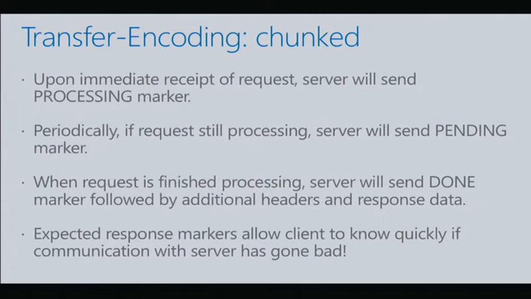So the client needs to be aware that following the done marker are additional headers before the response data, and it needs to treat those headers like it would have if it received them on the initial response. So if the client has expected response markers, it allows the client to quickly know within 15 seconds or 30 seconds if the communication with the server is just gone. It's gone bad.